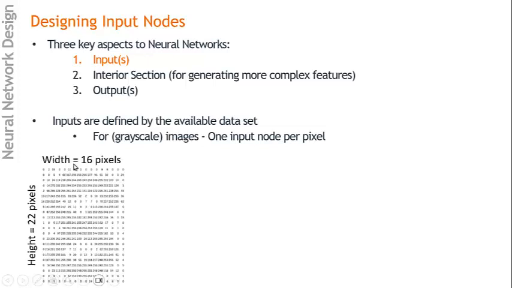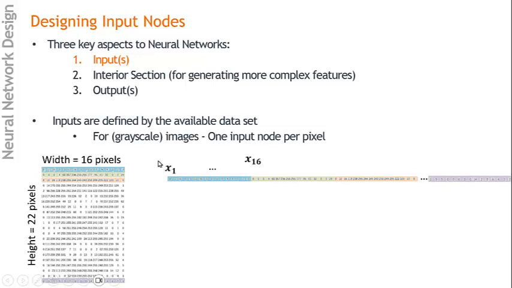Here you have 16 pixels by 22 pixels, and you can arrange them row by row and flatten them into a single row. So the first row will be the first 16 pixels, second row is second 16 pixels, and so on. And these can be your inputs. A lot of inputs, 352 inputs.